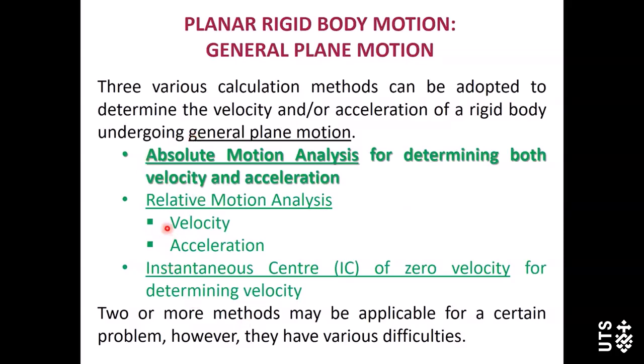Both these two can be used for determining velocity and acceleration as well. The third one is instantaneous center of zero velocity. It's the IC method. This can be used for determining velocity only.